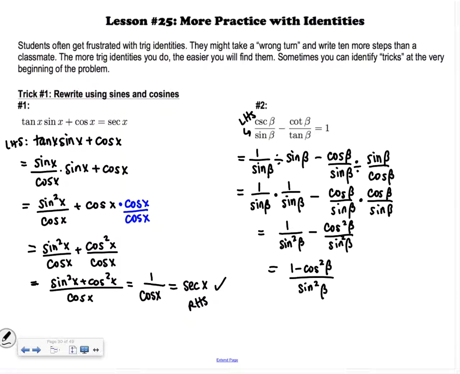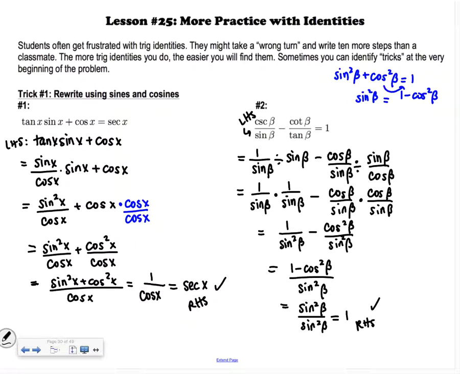If you remember your Pythagorean identity, sine squared beta plus cosine squared beta equals 1. So if I have 1 minus cosine squared beta, if I subtract it to the other side, it's the same as sine squared beta. So I end up having sine squared beta over sine squared beta, which is indeed 1, which is the right-hand side. So we're good.